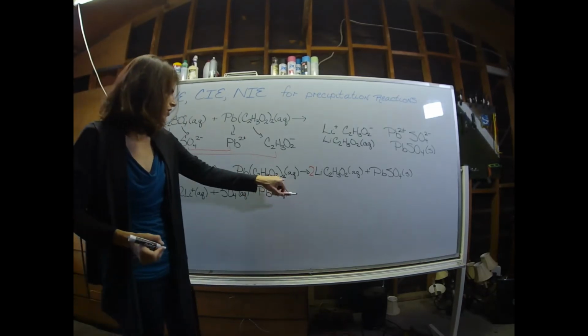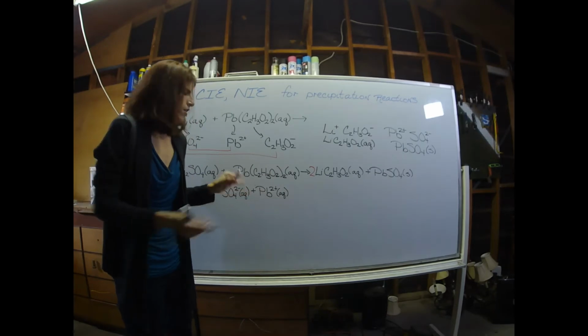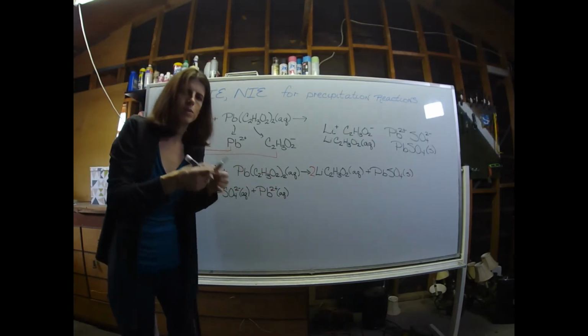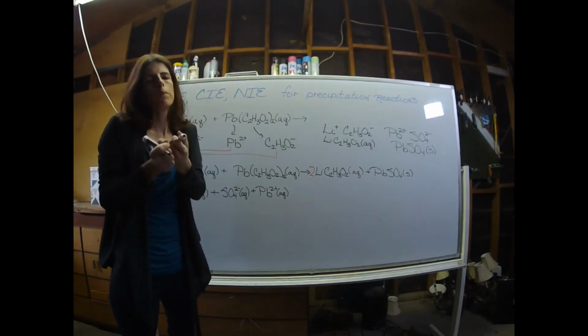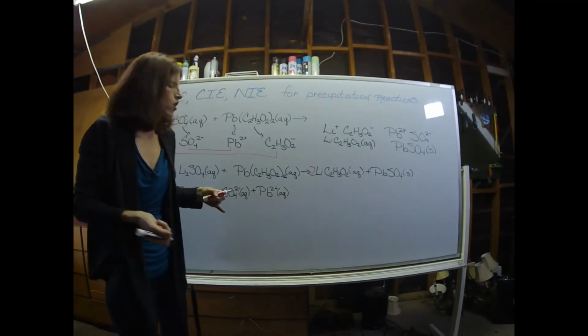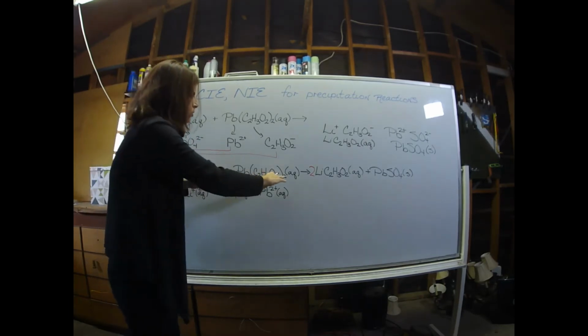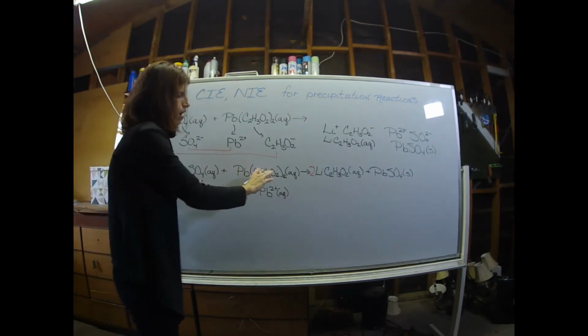Now, there's a subscript of 2 next to the acetate ion. We don't want to keep it as a subscript because keeping it as a subscript would imply that the 2 acetate ions are somehow connected to one another, which they aren't. So we just want to illustrate the ratio, so we're going to move the 2 out front.